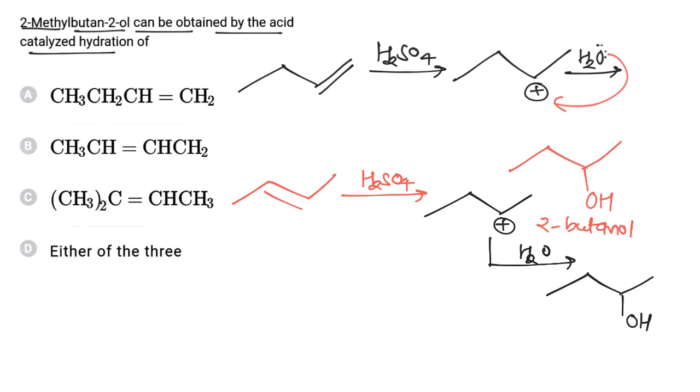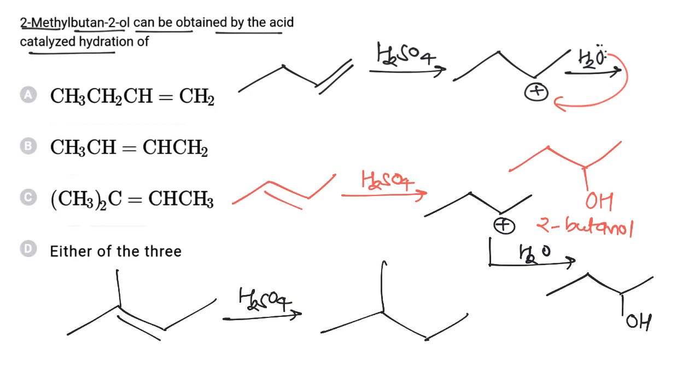Now in the third case, when we have 2-methyl-2-butene reacting with dilute H2SO4, first of all H positive acts as electrophile and a carbocation is formed. Now water will act as nucleophile, donate a pair of electrons to the carbocation, and this will convert the molecule into a 3-degree alcohol. So 2-methyl-2-butanol is formed as the final product, and hence the correct answer is C.